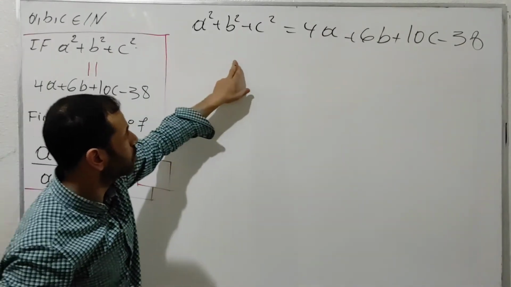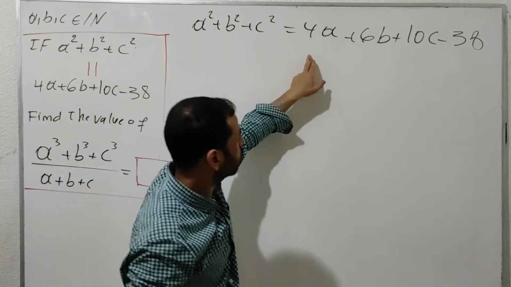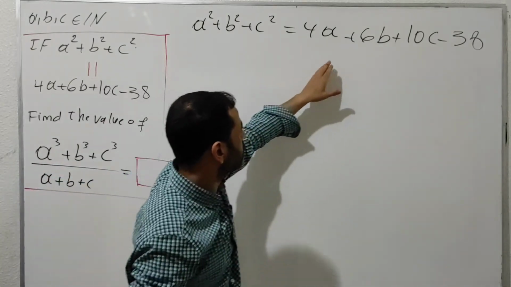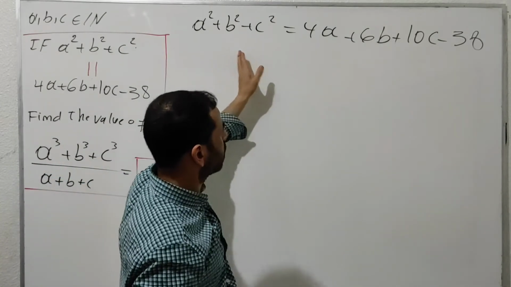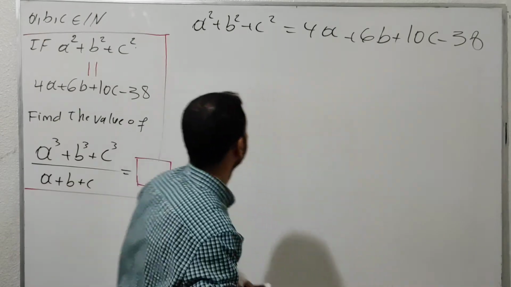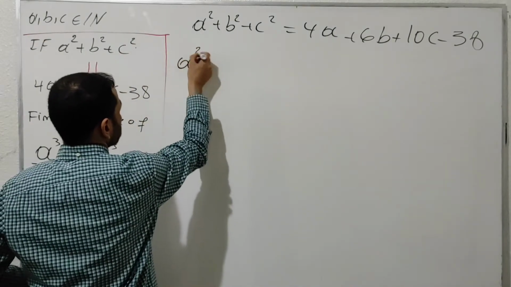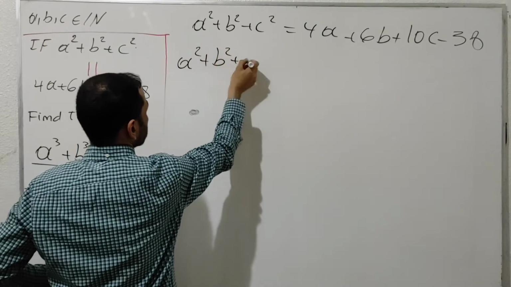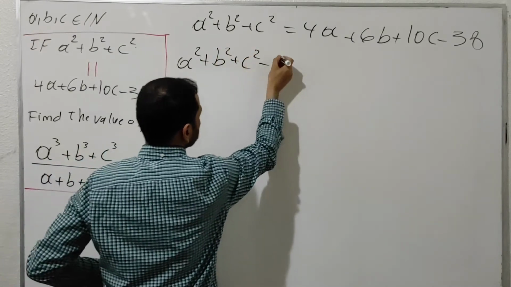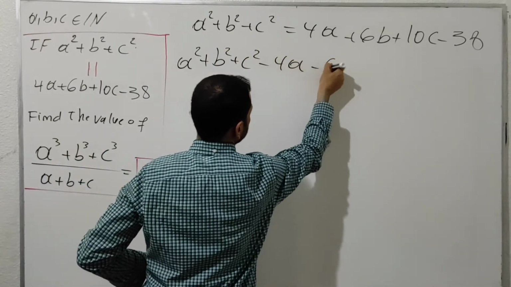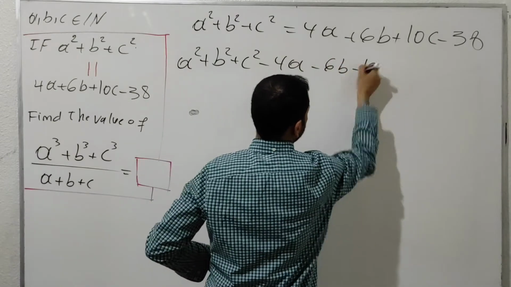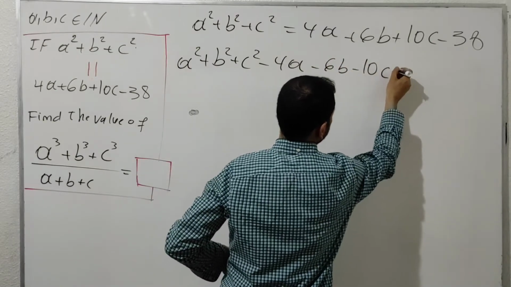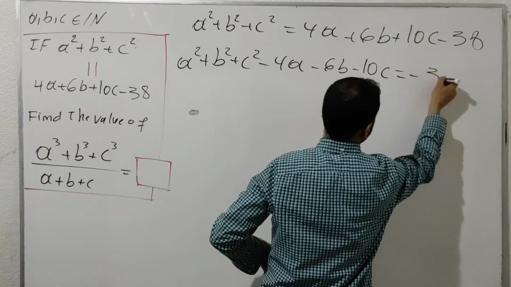So we have 3 variables. I'm going to move all the unknown variables to the left and leave the numbers on the right. So we'll have a squared plus b squared plus c squared minus 4a minus 6b minus 10c equals minus 38.